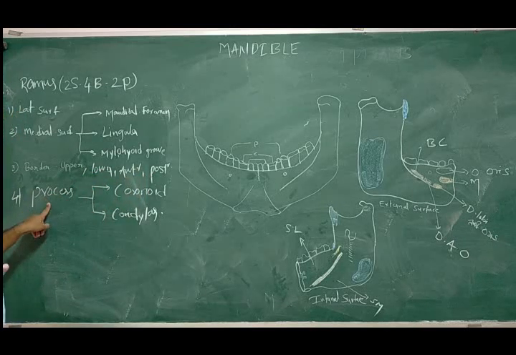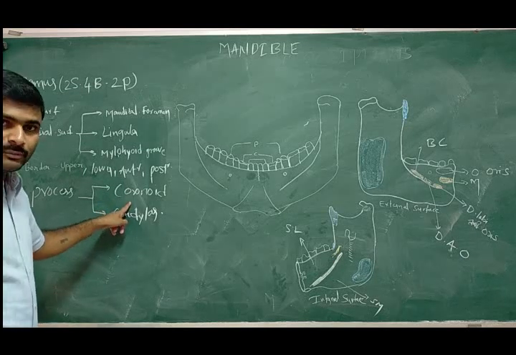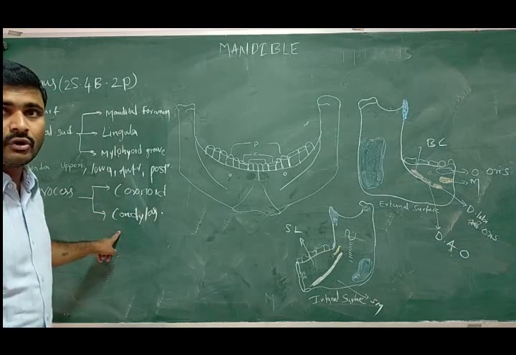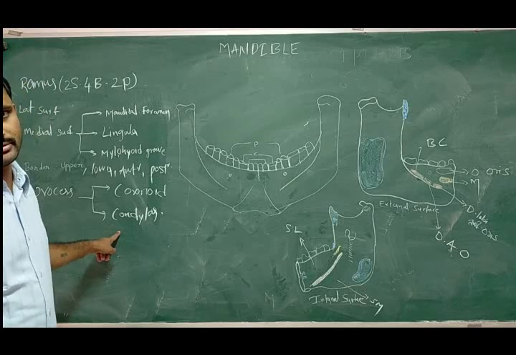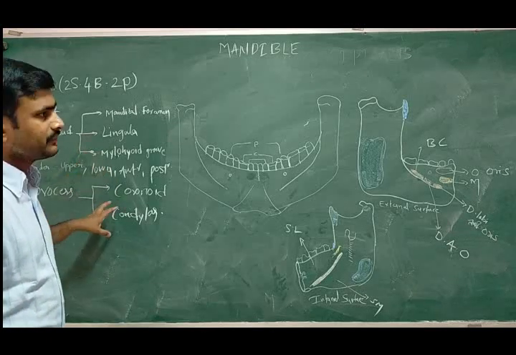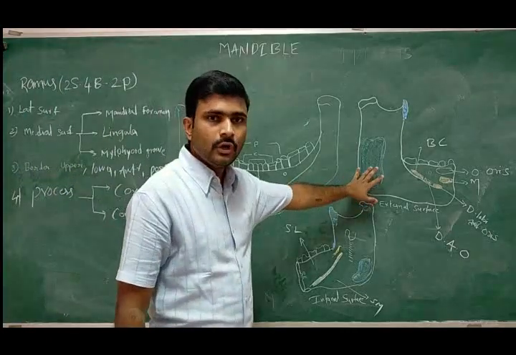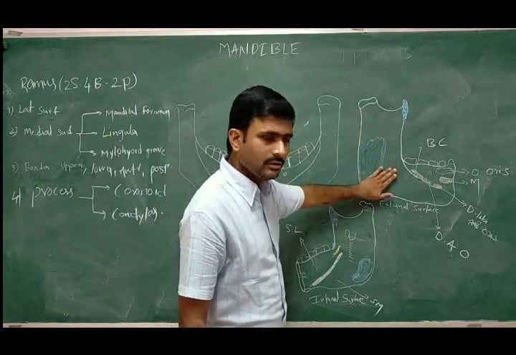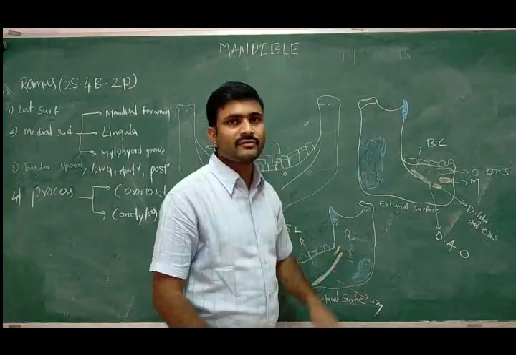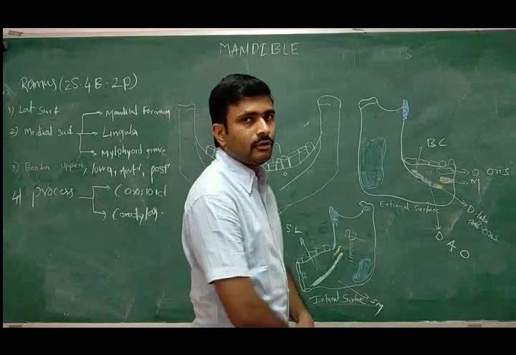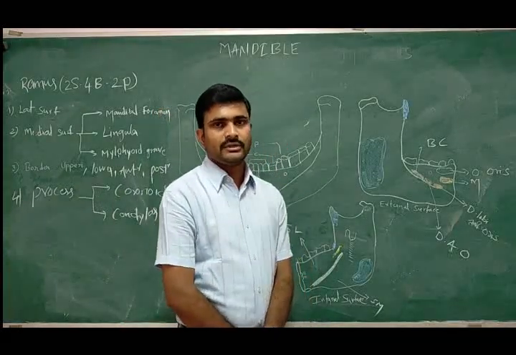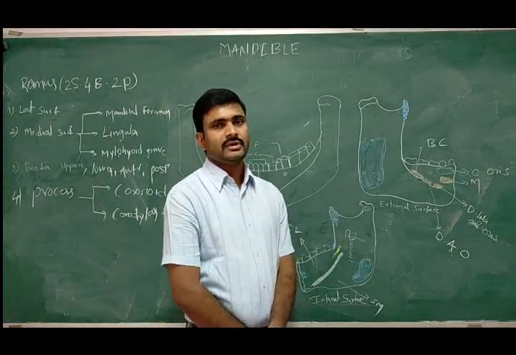The 2 processes are the coronoid process and the condylar process. First we will see them one by one. This is a lateral view of the ramus of the mandible, and this is the medial side of the ramus of the mandible.